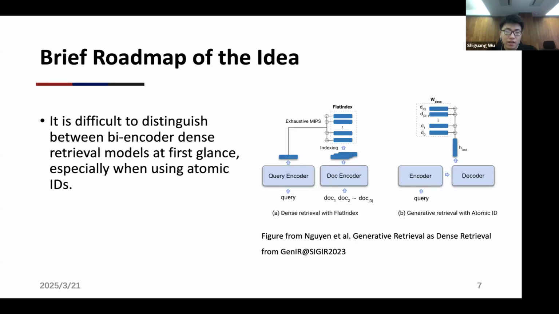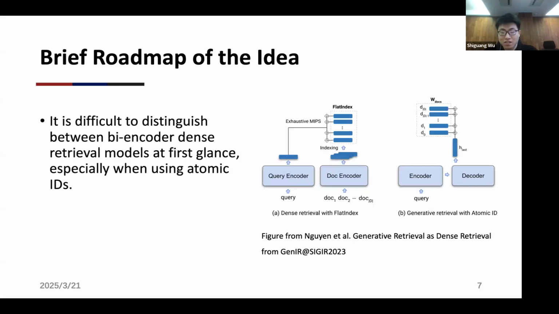So at the very beginning when GR was proposed, it is very difficult to distinguish it from bi-encoder dense retrieval models at first glance, especially when using the atomic ID. So if you look at the implementation, you cannot say any difference between these two paradigms. So just like dense retrieval, there are two vectors making a dot product and doing the retrieval. So there's no difference.